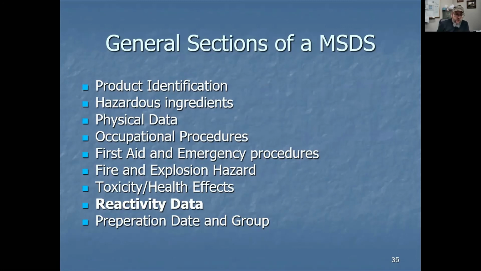I have that in bold because the MSDS is where you're going to find something like reactivity data, okay? Preparation date and group. These are all things that are found on the MSDS. So just take note, reactivity data is something you will find in MSDS.